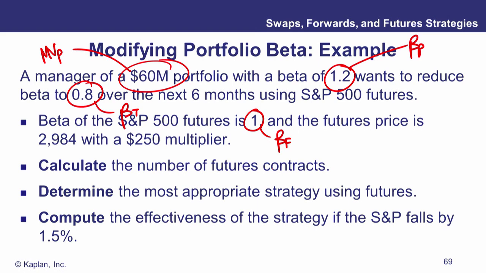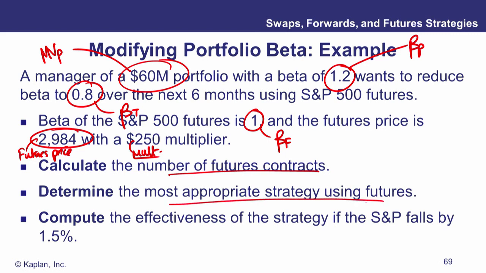And the futures price is 2984, so that's our futures price, and there's your multiplier. So your futures exposure is going to be the product of those two things. Calculate the number of futures contracts required, determine the most appropriate strategy using futures, buy or sell essentially. Compute the effectiveness of the strategy if the S&P falls by 1.5%.